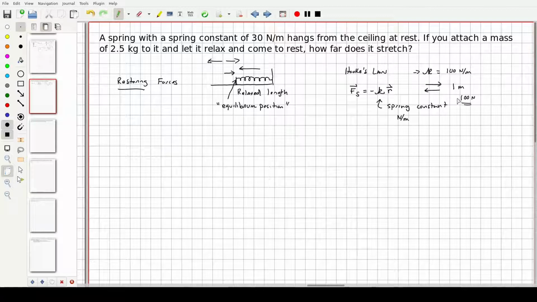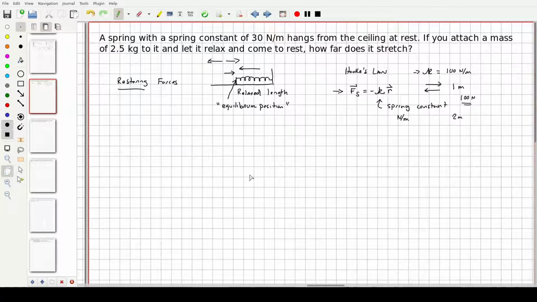So if I were, for example, to compress it by 2 meters, I'm going to have twice the amount of force here, 200 newtons, either trying to push me back to equilibrium or pull me back to equilibrium, depending upon whether I'm stretching or compressing. Now, Hooke's law is the law that we're really interested in because it describes how springs generate forces depending upon their constant and how far they've been compressed.